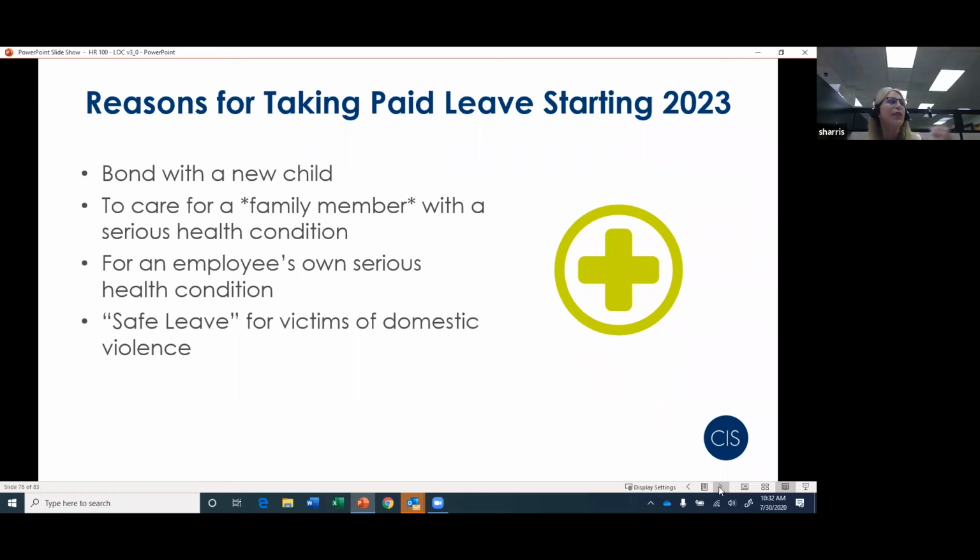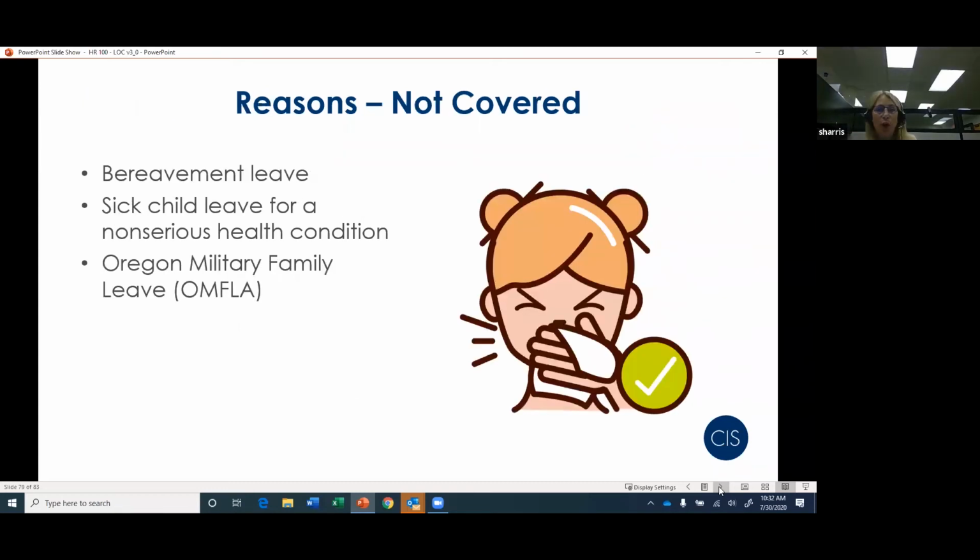These are protected things under OFLA. We already have job protection to care for a family member for a serious health condition, to go out on your own serious health condition, to bond with a child. But now, starting 2023, these categories are going to be paid.